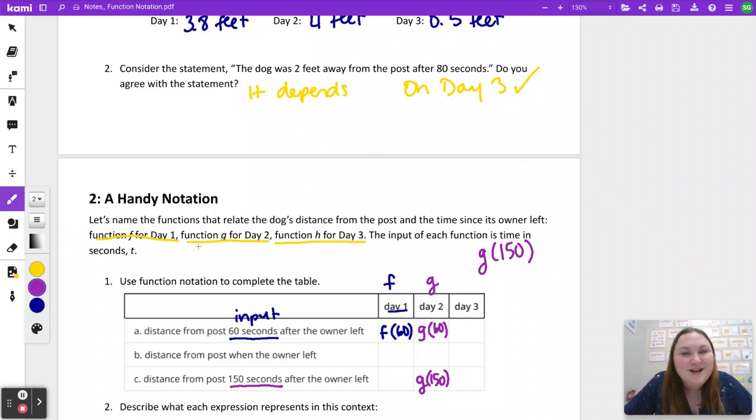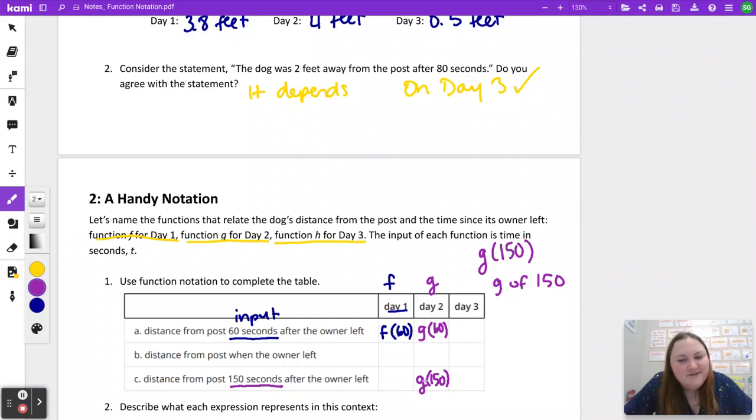Just know anytime we're talking about functions, this right here is what we call function notation. And I would read this out loud as G of 150. I'm putting that word of before I read the input. So that one there in blue would be F of 60 or G of 60.